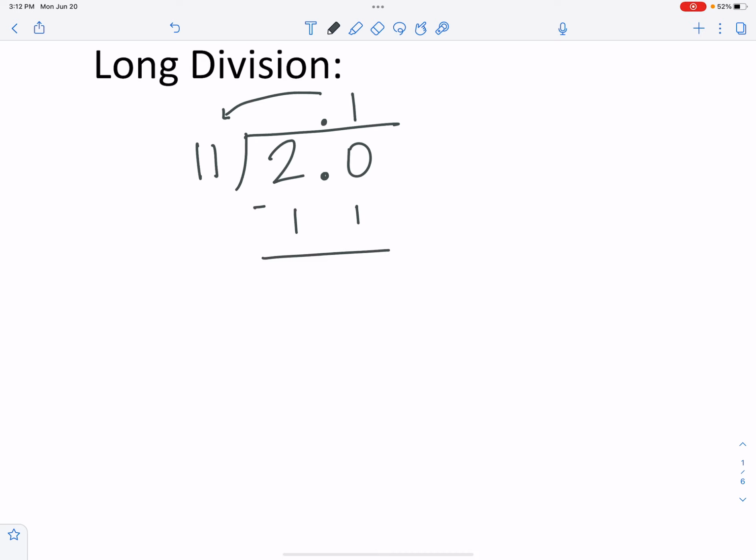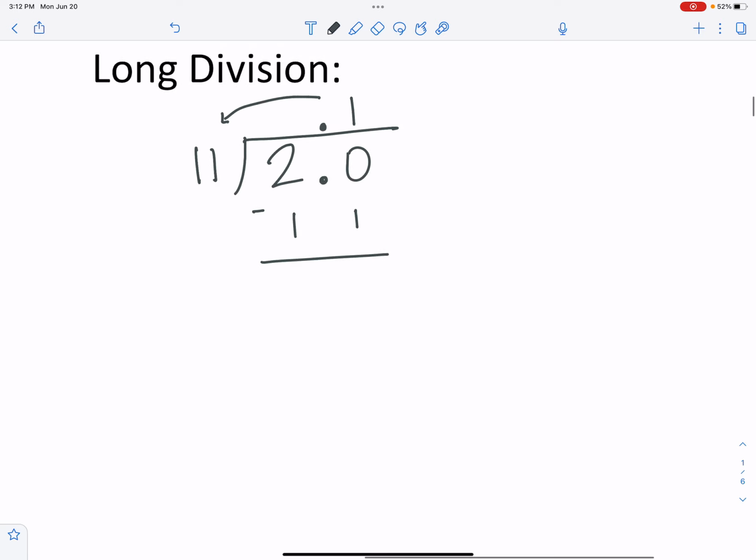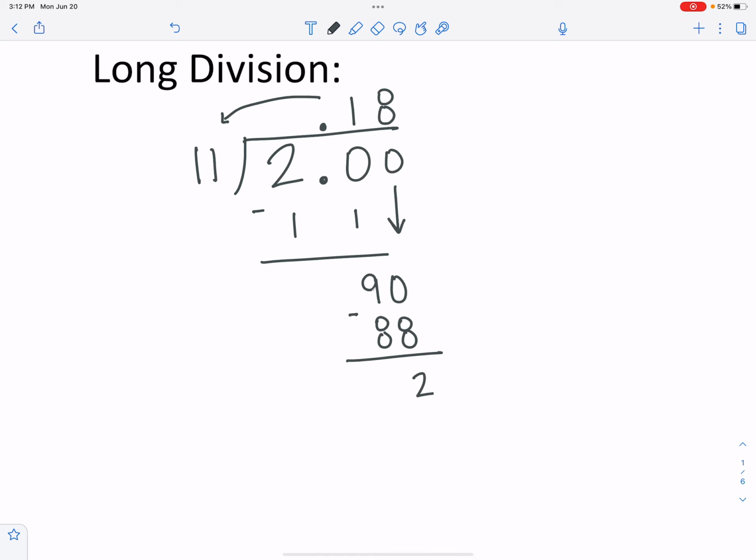Subtract, don't forget your decimal point. 20 minus 11 is going to give me 9. I will add a 0, carry it down because that doesn't change the value. 11 goes into 90 8 times. 8 times 11 is going to give me 88. I'm going to subtract and get 2.